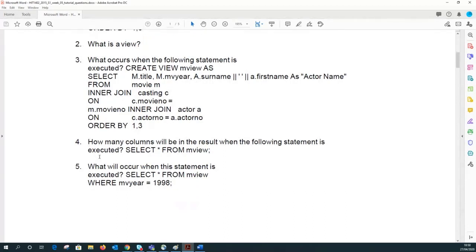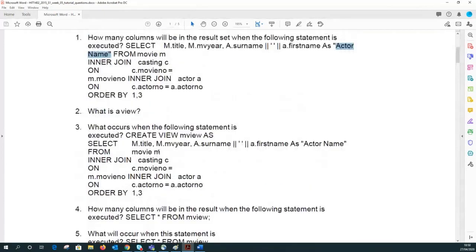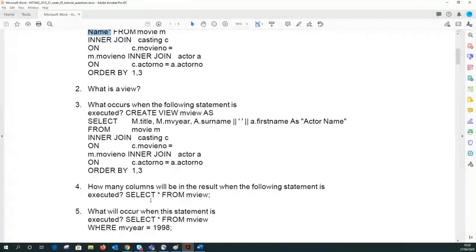Question 4. How many columns will be in the result when the following statement is executed? Rather than running this SQL statement, now they are running mview, so they are selecting the columns from mview. Select asterisk from mview.